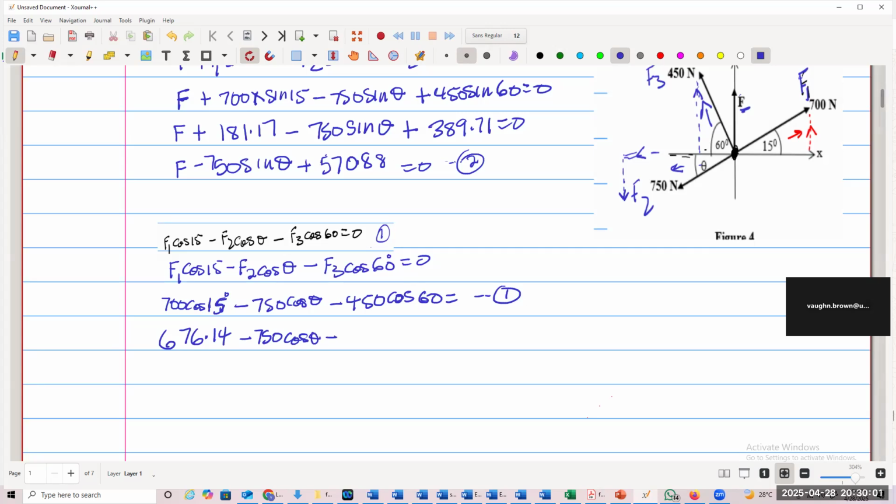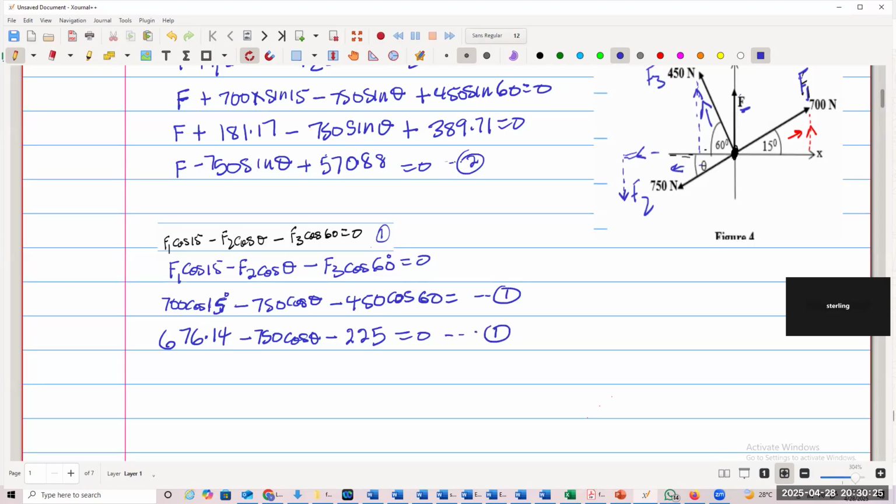Minus, now simplify this last one. It's 450 times cos 60. So that should give you 225 equals 0. Anybody got that?